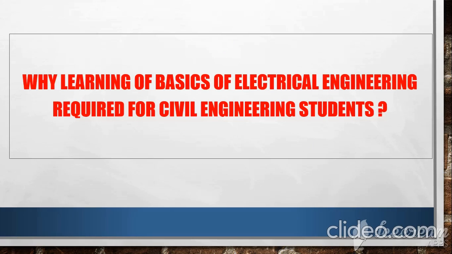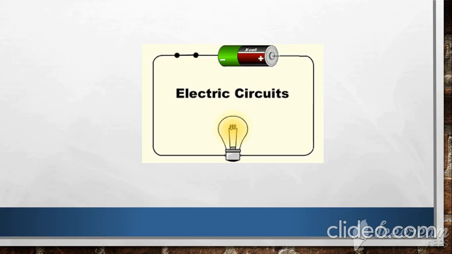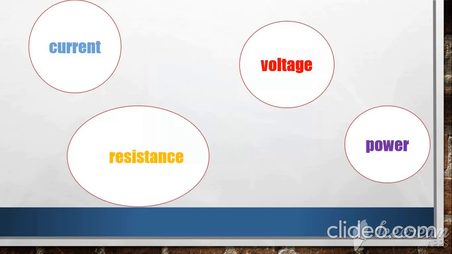So the first module comprises electric circuits and their analysis. You can see here this is a simple electrical circuit where we can light a bulb using a battery. When we talk about an electrical circuit, we have to familiarize ourselves with these terms: what is current, what is voltage, what is power, what is resistance.